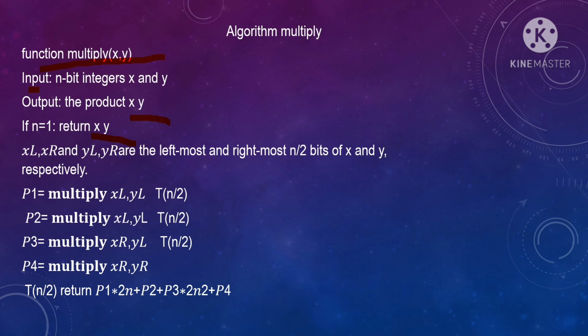P1 is multiply XL YL. P2 is multiply XL YR. P3 is multiply XR YL. P4 is multiply XR YR. So return P1 times 2 to the n plus (P2 plus P3) times 2 to the n over 2 plus P4.